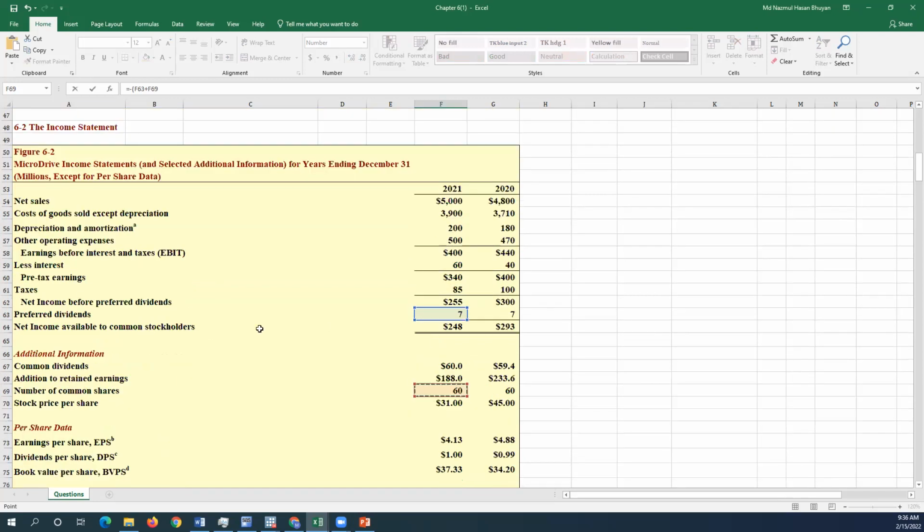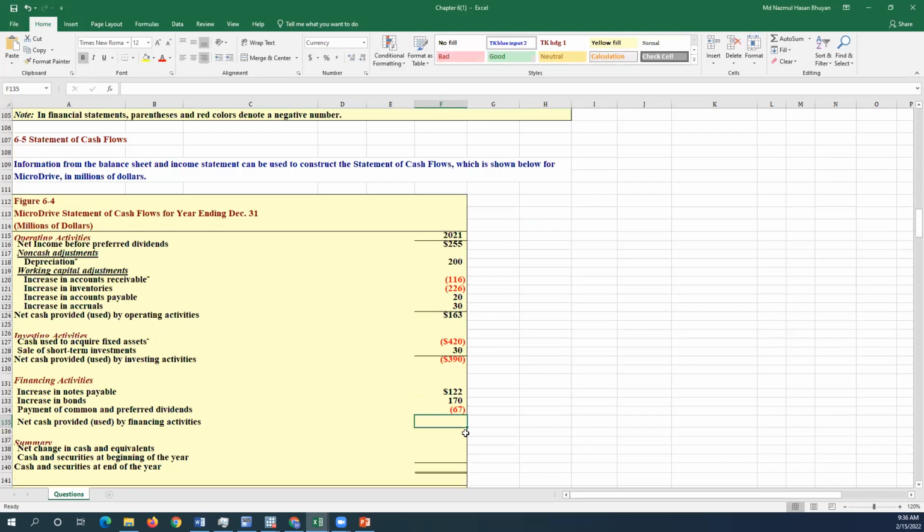So you can see here preferred dividend and then common dividend. Let us now calculate total cash flows provided by financing activities.